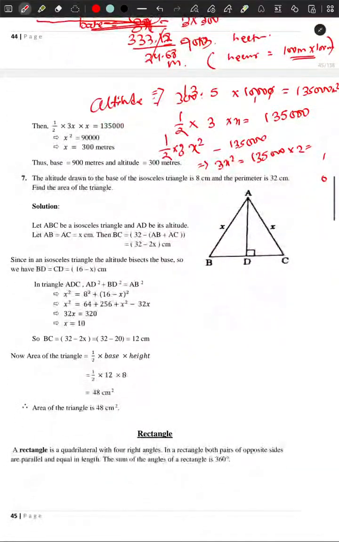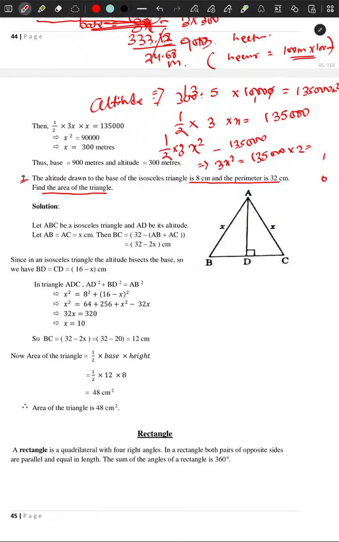Let's move to the last question of today's session, number 7. The altitude drawn to the base of the isosceles triangle is 8 cm and the perimeter is 32 cm. Find the area of the triangle.